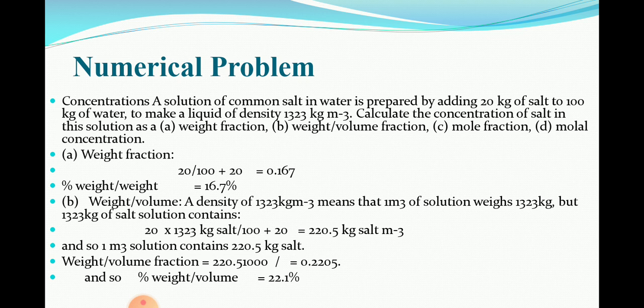So the weight upon volume fraction is 220.5 divided by 1000, no, into 1000, so we obtain 0.2205. In percentage weight upon volume, multiplying into 100, we obtain 22.1.